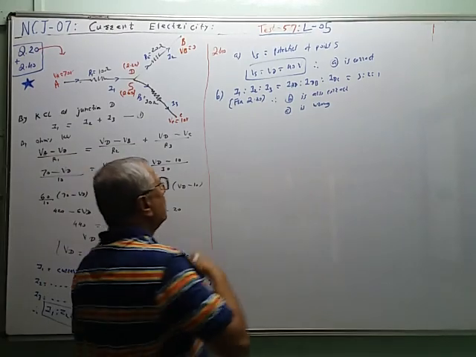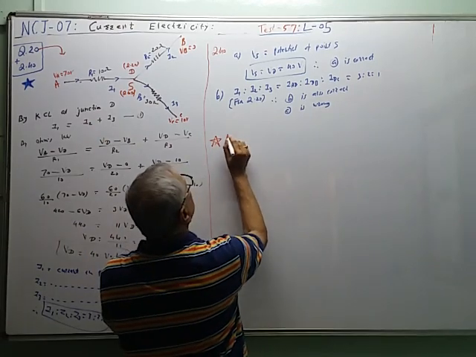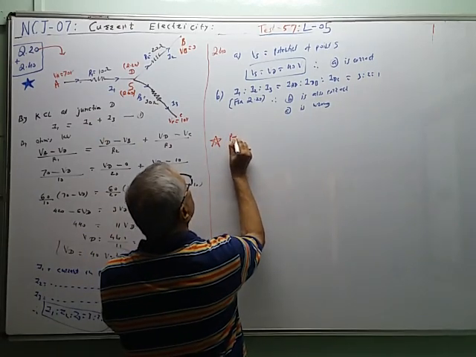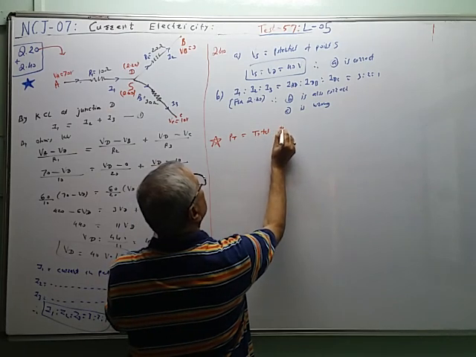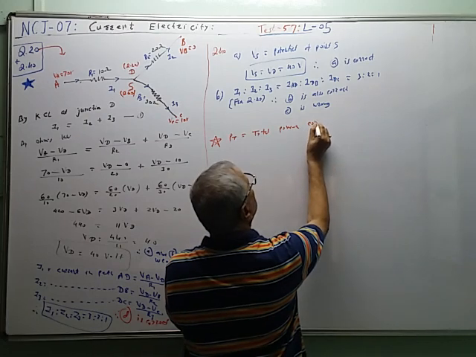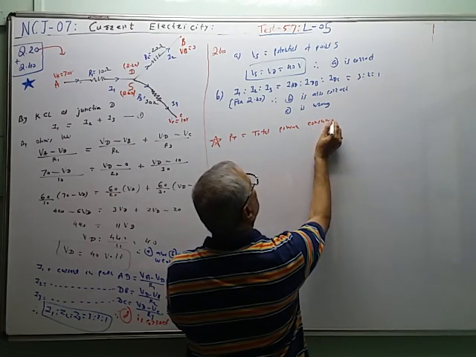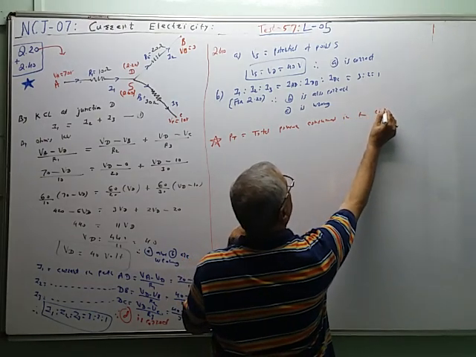Now, in the last case, the network draws a total power. So you have to find total power. This part is a bit different from the earlier ones. So PT is equal to total power consumed in the circuit.